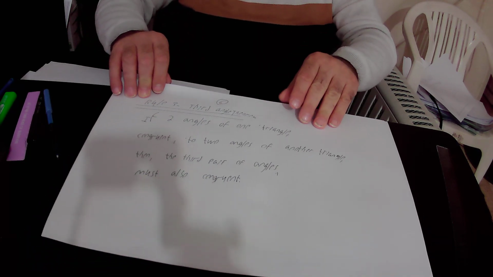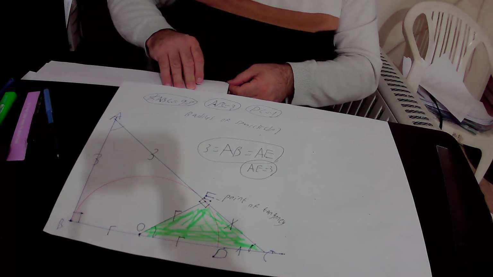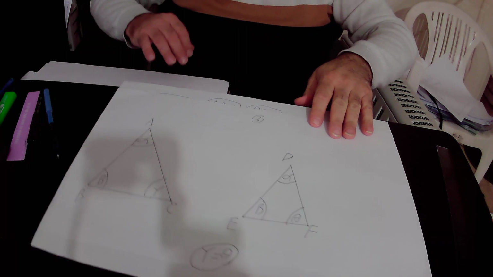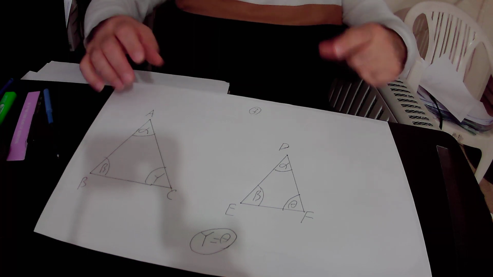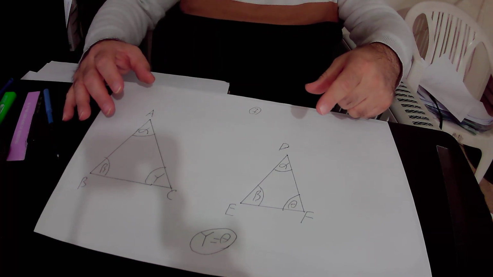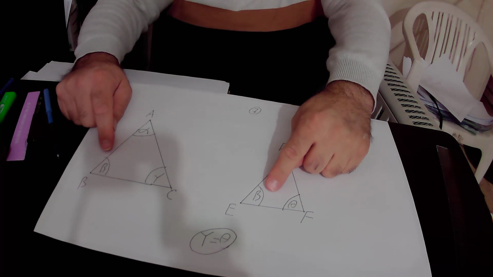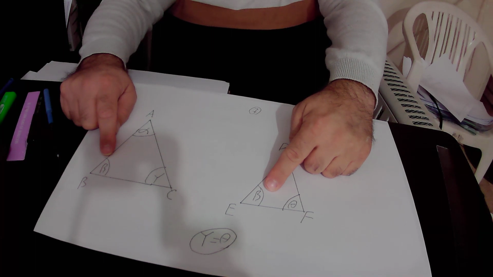So what is the meaning of the third angle theorem? It means that if we have those two triangles, triangle ABC and triangle DEF, and on those two triangles we have two pairs of congruent angles. The first pair of congruent angles are both equal to alpha, and the second pair of congruent angles are both equal to beta.